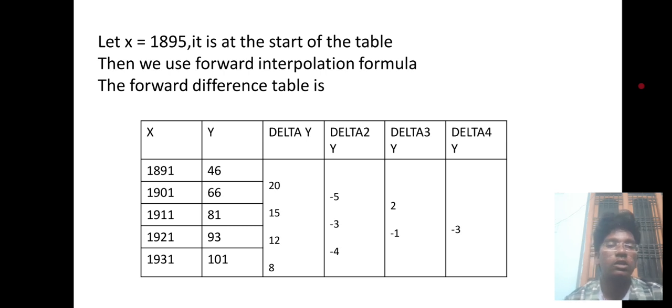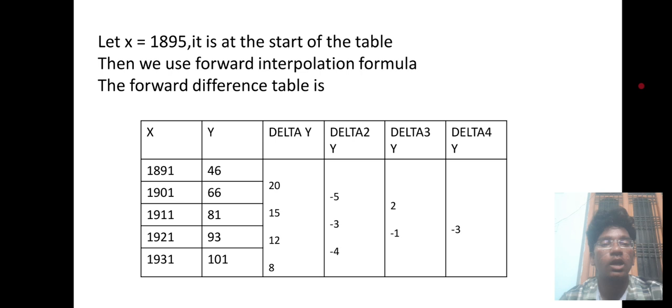The forward difference table. Here x values and y values are there, and delta y, delta square y, delta cube y, delta power 4y. How can we determine delta y? By the difference of y n minus 1, like y2 minus y1, y1 minus y0. We can find delta y.